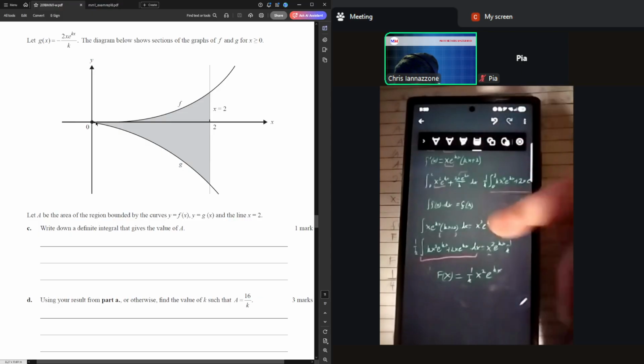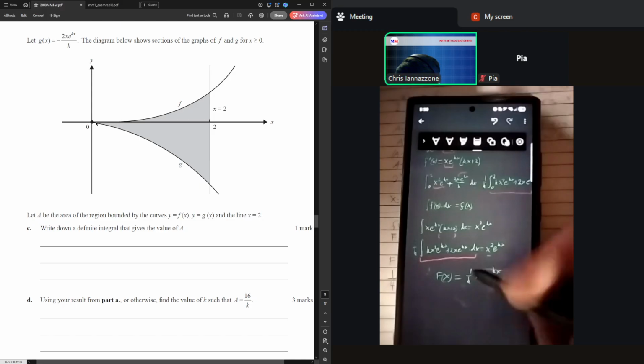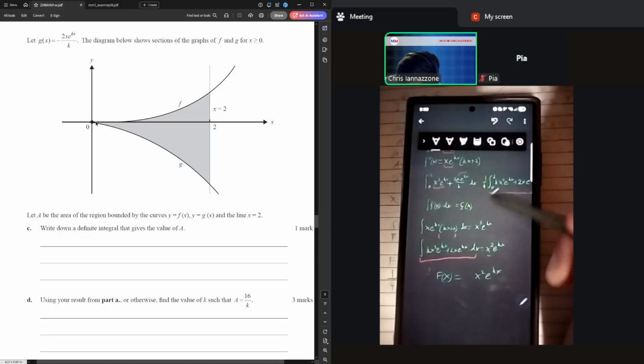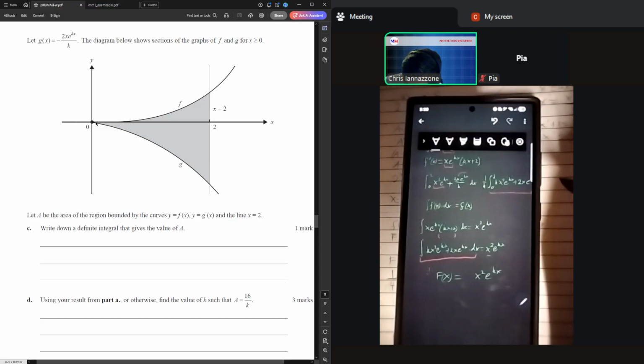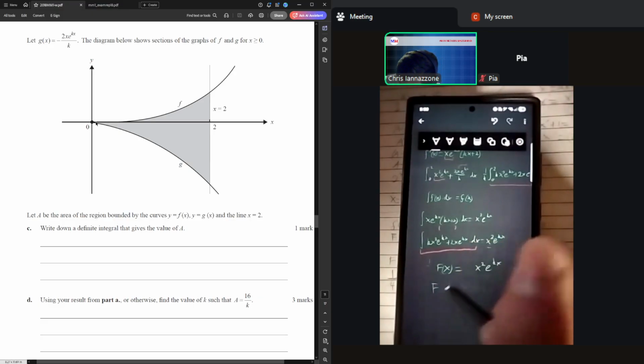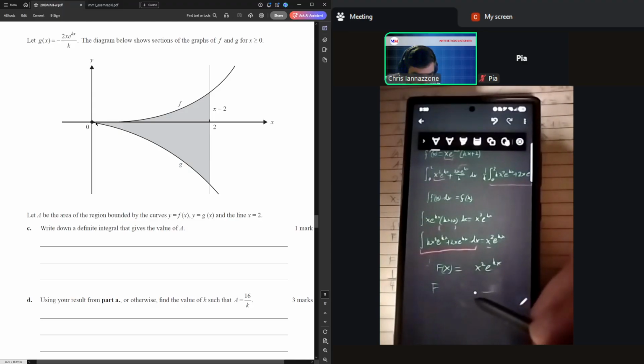You might not want to do that and just hold off on it until later, because this and this are exactly the same. You ignore the 1 over k for now. We want 1 over k times that, but we'll settle for just doing this thing, the capital F of 2 minus capital F of 0, and then introducing the 1 over k later. That's probably a bit more appropriate, just based on the definitions of things, to make it less complicated, I'd say.